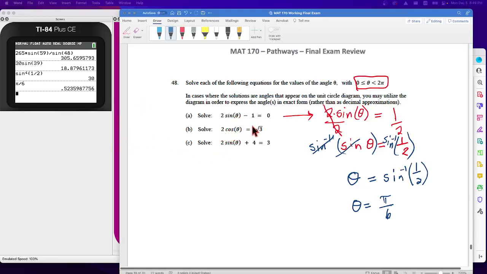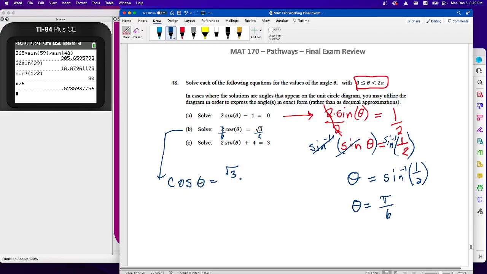So let's look at this B part. And again, all we have to really do here is divide both sides by 2. So that's going to cancel, divide by 2. So we get that the cosine theta equals square root of 3 over 2, and it's positive.